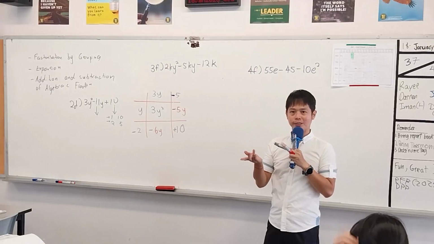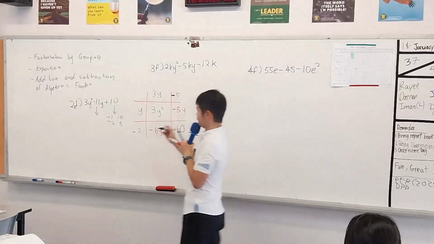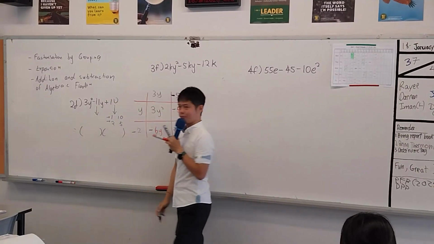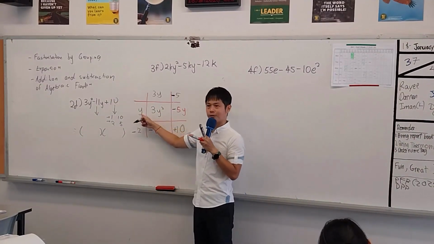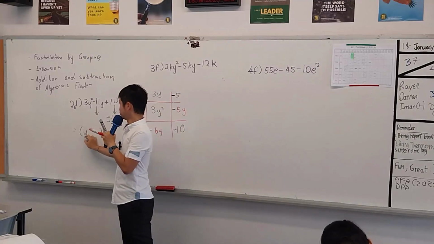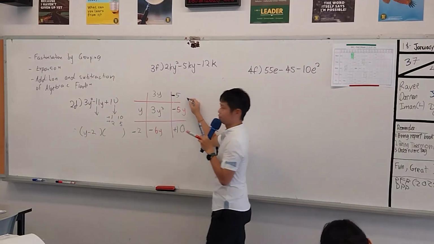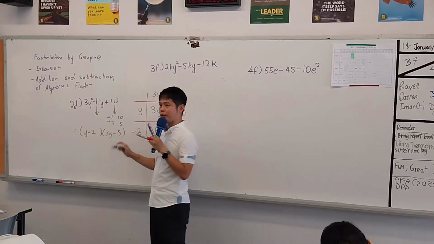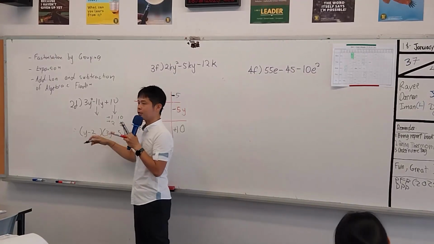When I finish factorizing already, what will I get? To factorize 3y squared minus 11y plus 10, I will have y minus 2 and 3y minus 5.